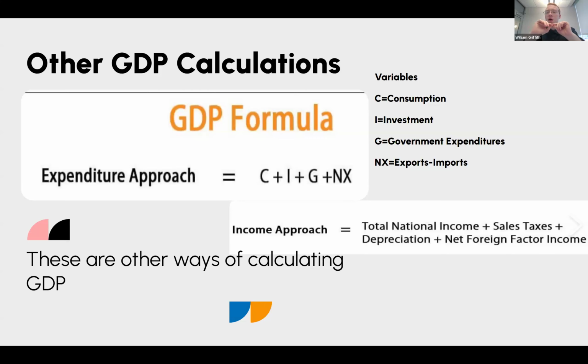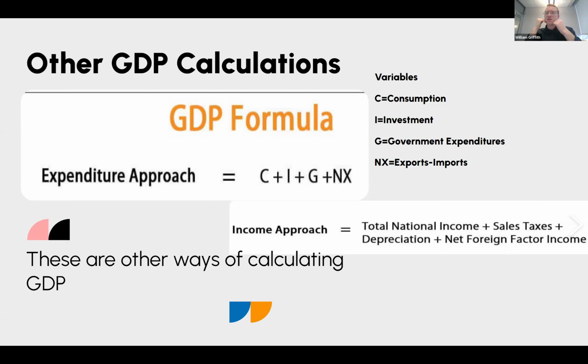And then government expenditures, I feel like that's a little bit more of a simplistic one to understand, but that's the government buying products for themselves or for other people. It's buying products. It's not giving money, it's buying products. And then exports minus imports.